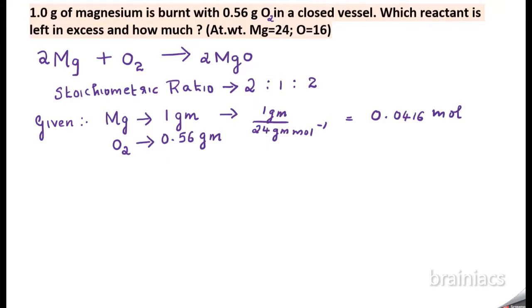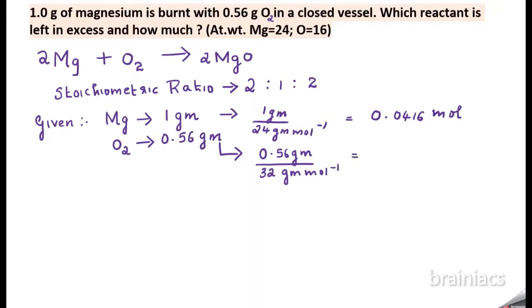Now the next one, similarly, how can you convert this into mole? The given mass, that is 0.56 gram, divided by the molecular mass, since it is a molecule. So molecular mass 16 into 2, 32 gram per mole, correct.